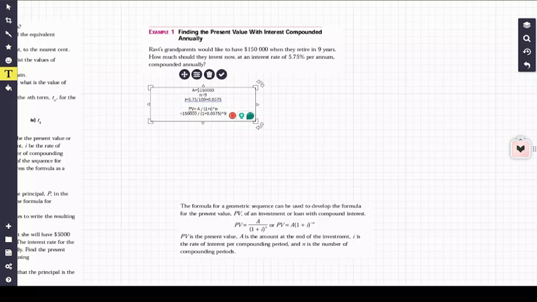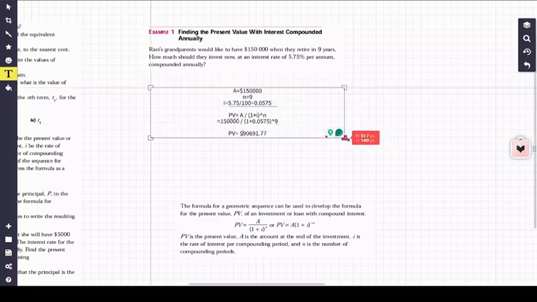I hope you're doing that yourself. Okay, so if you did the calculation, you would have got PV equal to $90,691.77. So that is to the nearest cent.